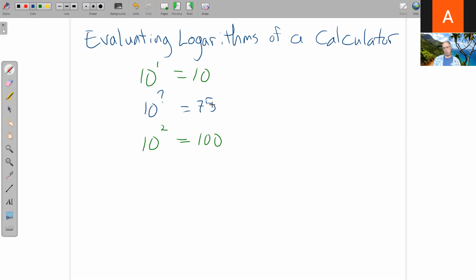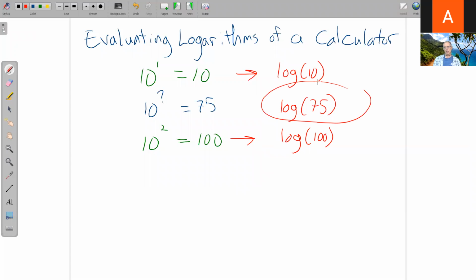Well, 75 is between 10 and 100, so the power should be between 1 and 2. And we could translate that to a logarithm statement. So this one right here we just did, that was log of 10. This one down here would be log of 100. And so the one in the middle must be log of 75.